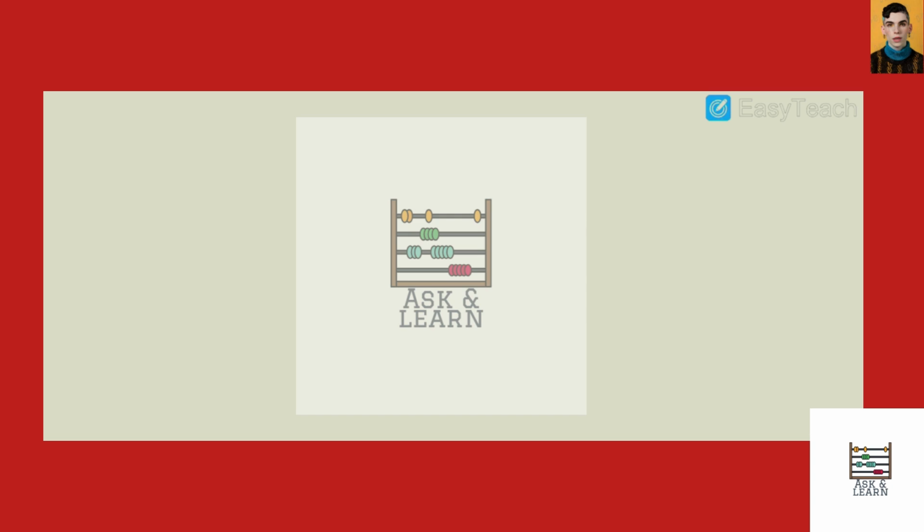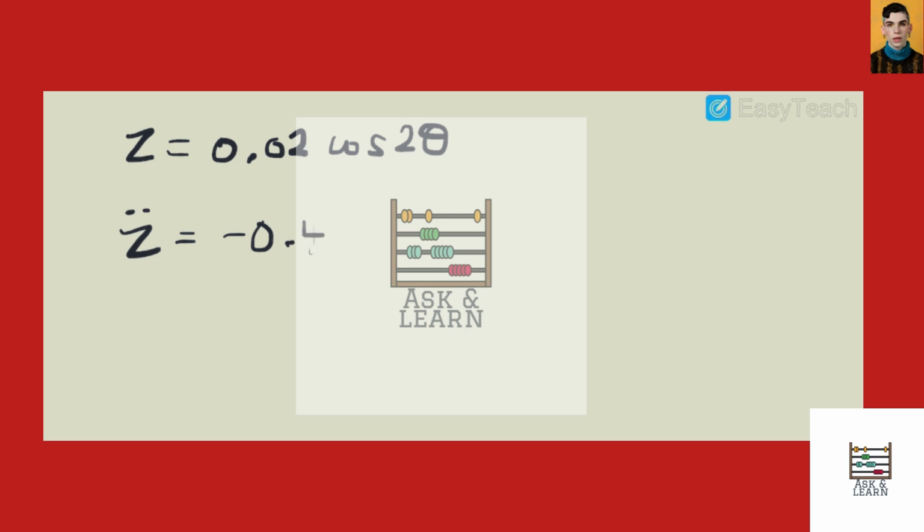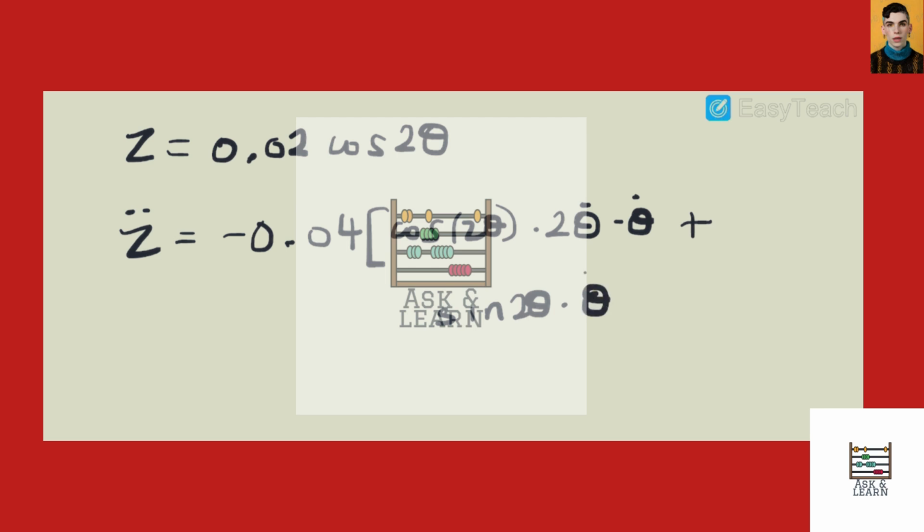So what we're going to do first is write down our motion in Z. So we know that Z is equal to 0.02 cosine 2 theta. Next, we can take the derivative twice to get our acceleration in the Z direction. So we get that Z dot is equal to negative 0.04 times the quantity cosine of 2 theta times 2 theta dot times theta dot plus sine of 2 theta times theta double dot.